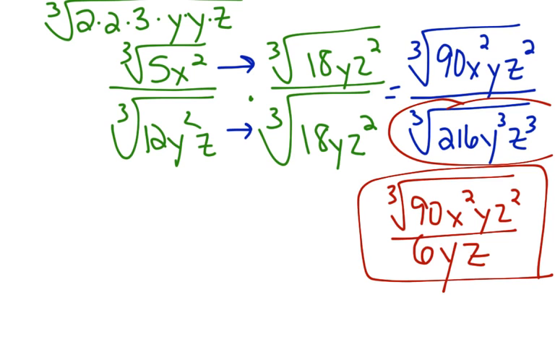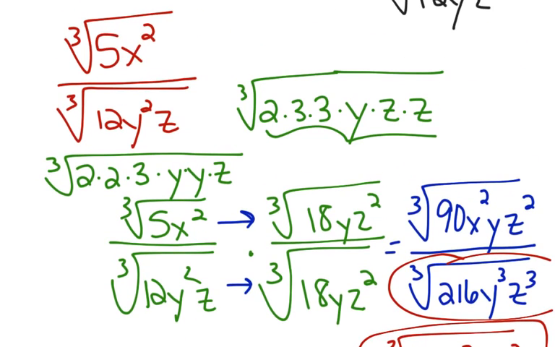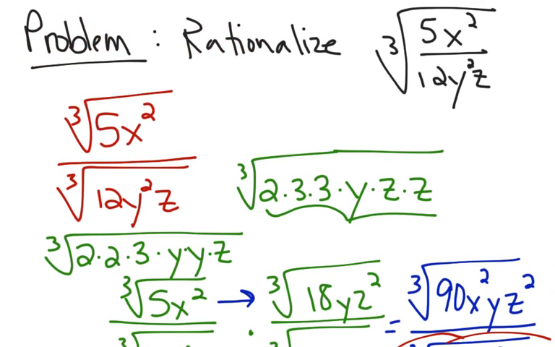That's called rationalizing the denominator. So what we did was we went back and we tried to find what we could multiply the denominator by so that I had 3 of every factor. Because if I have 3 of every factor, when I take the cube root, then I'll know the solution.